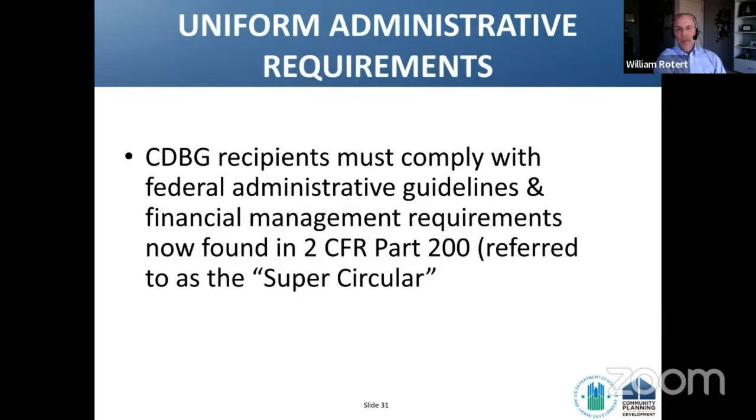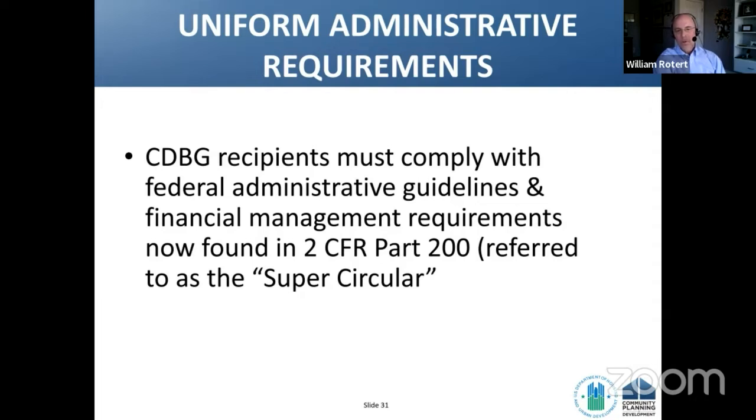Now we're going to talk about our favorite financial management rules. And those are the umbrella requirements that are issued by the Office of Management and Budget. They've gone through a variety of permutations over the years with different names, but currently those rules are provided at 2 CFR Part 200. Those of you who love to read federal regulations, you probably will notice those are not HUD regulations.